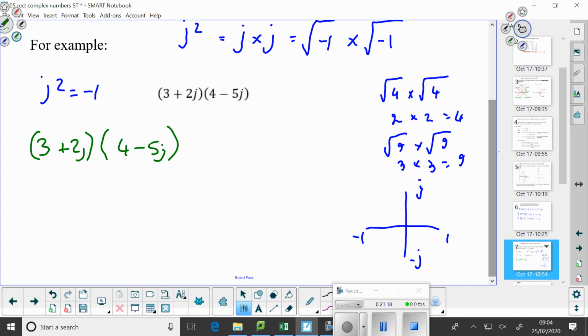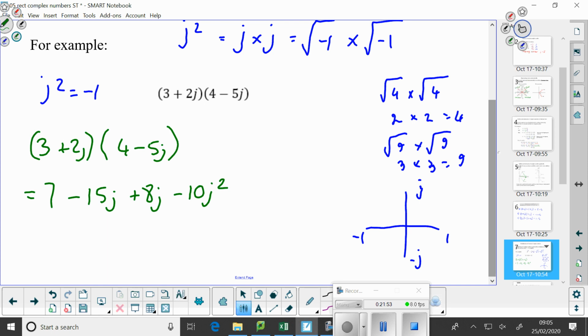So 3 times 4 is 12. 3 times minus 5j is minus 15j. 2j times 4 is plus 8j. 2j times minus 5j is minus 10j squared. We multiply, not add.